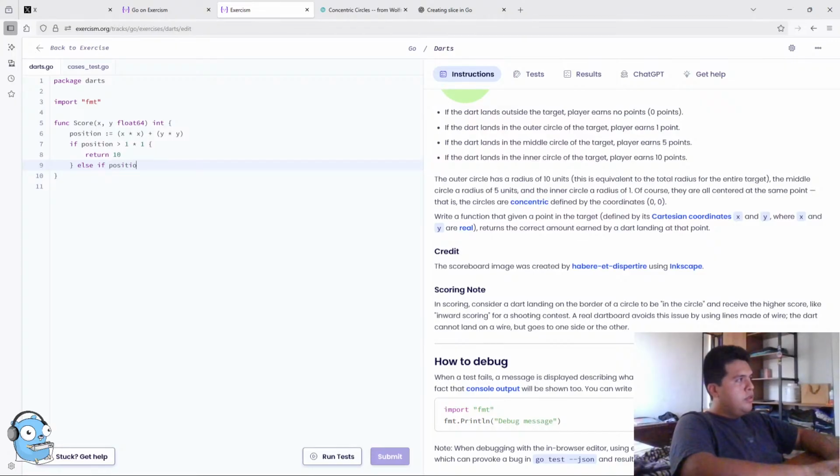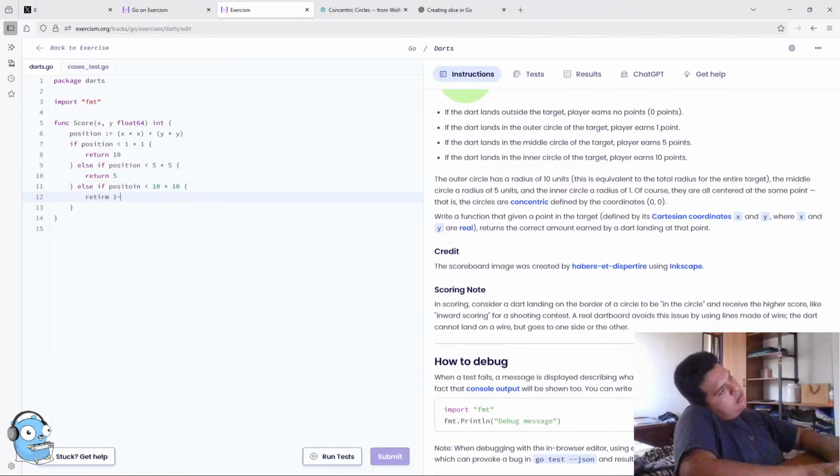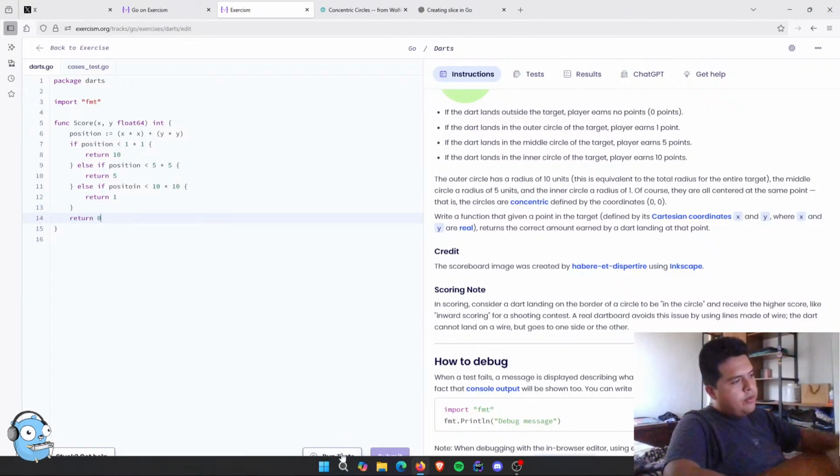Else if position is more than 5 multiplied by 5, return... 5, else if position is less than 10 multiplied by 10, we return 1, else return 0, and now it will work.